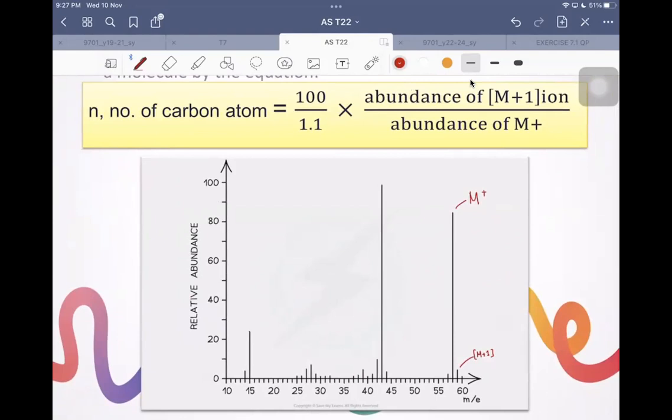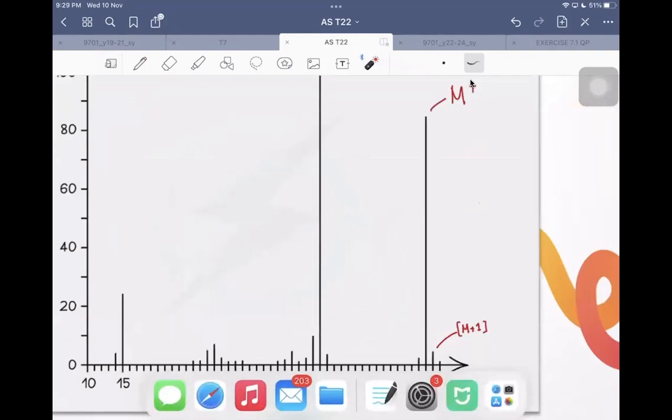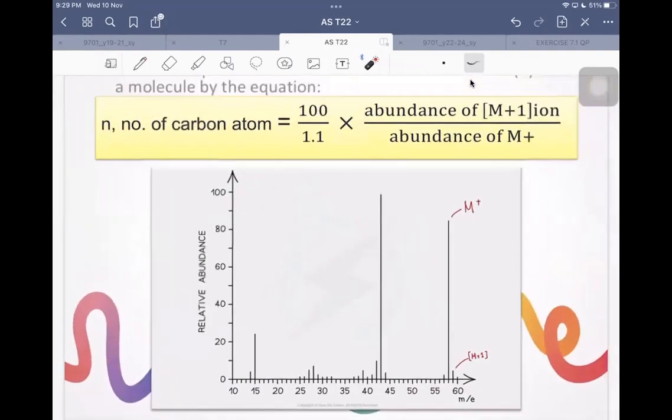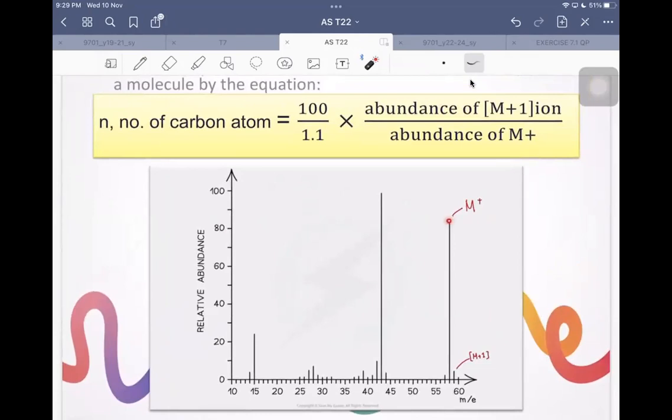Now we want to use the Y values, that means values on the Y-axis, not the X values. For example, for M+ peak, the abundance looks like 85 to me. So I take 85. Abundance of M+1 looks like, I don't know, 3% to me.